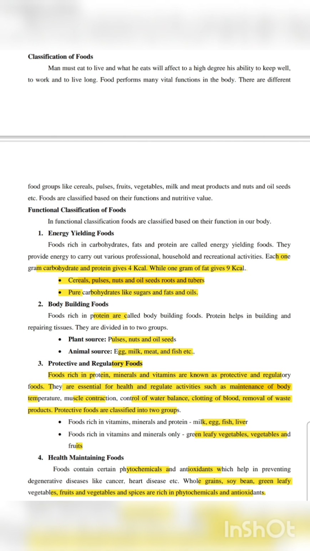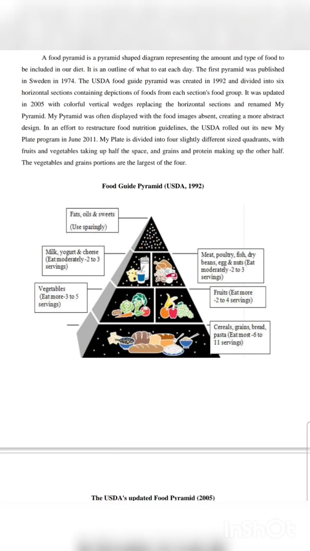So next, here we need to study about the food pyramid. As you can see in the picture, we have the picture of the food pyramid. Food pyramid consists of all the nutrients which we have studied earlier, right? Here in the classification of foods, you can see in the picture, we have 1, 2, 3, 4, 5 and 6 sections, right?